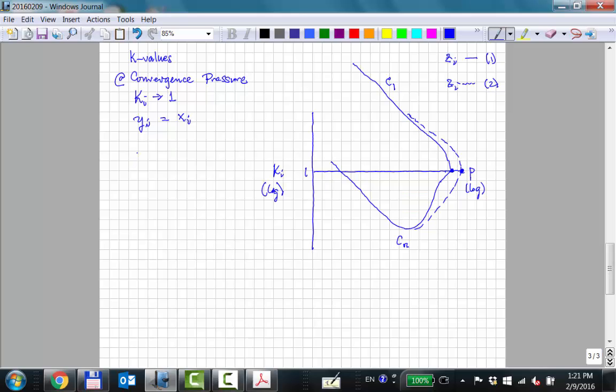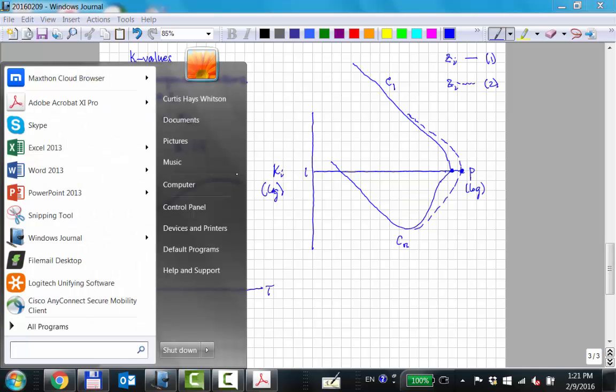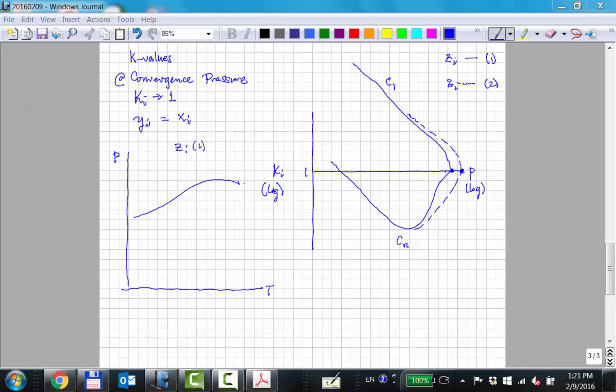Now, let's look at the pressure temperature diagram of this particular composition. I'm just going to take the first one. And we're going to plot the pressure temperature diagram and make it look kind of normal looking. And this kind of thing hugs not 0, but very low values.